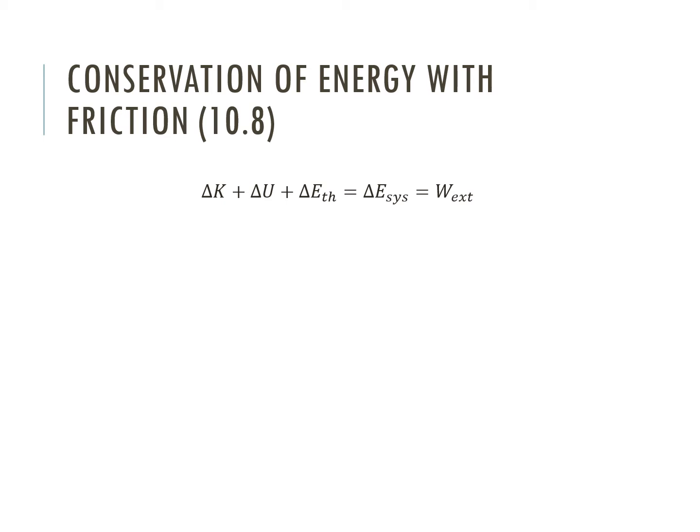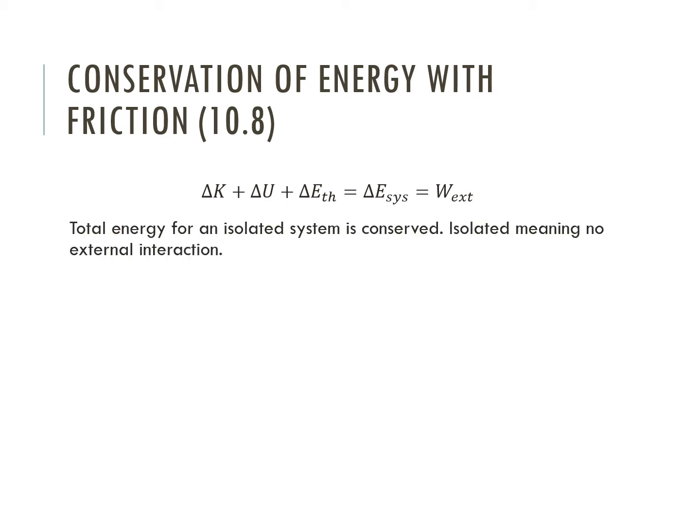We looked at that picture and it had just change between kinetic, potential, and thermal energy, where we can only gain thermal energy. So what that means is we're going to be dealing still with isolated systems. So there is going to be no external interaction, and we could rewrite our conservation of energy as such.